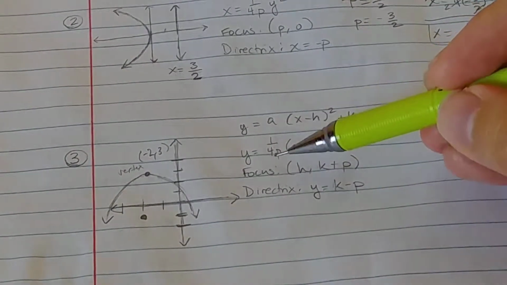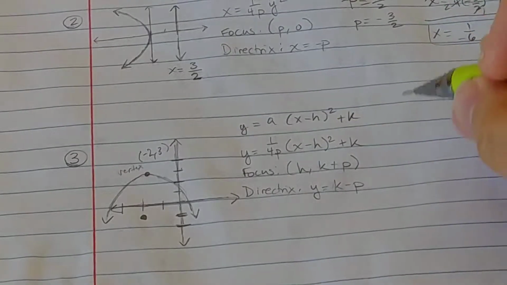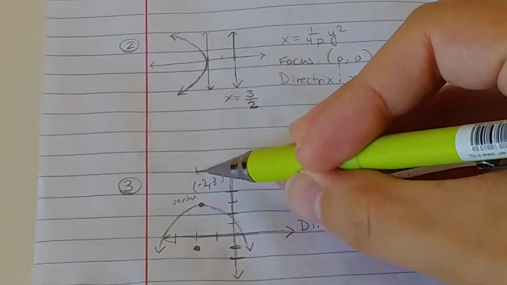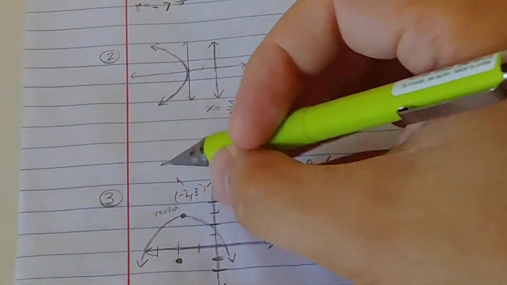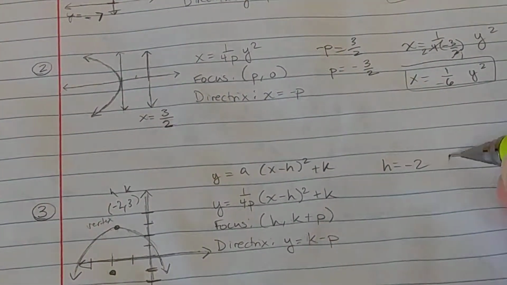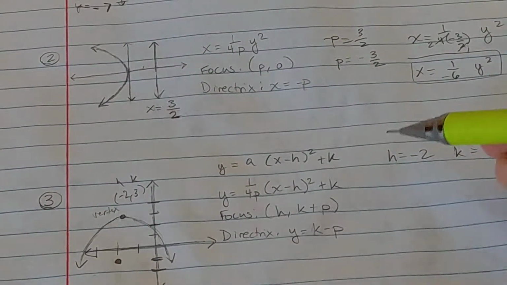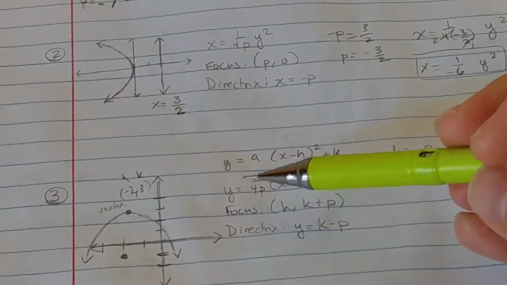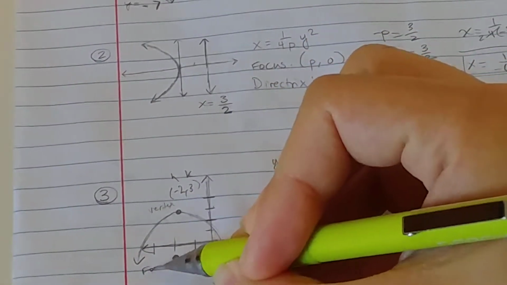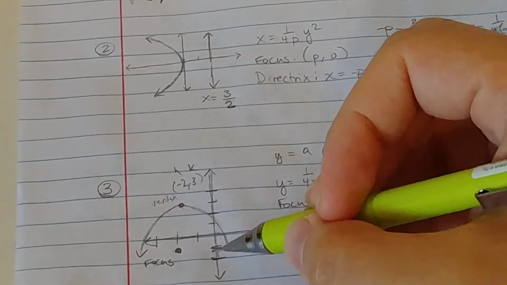So we have our h and our k. Our h is negative 2, and our k is 3. Now we need to find the p. How can we find the p? This is the focus, and we have to label that point.